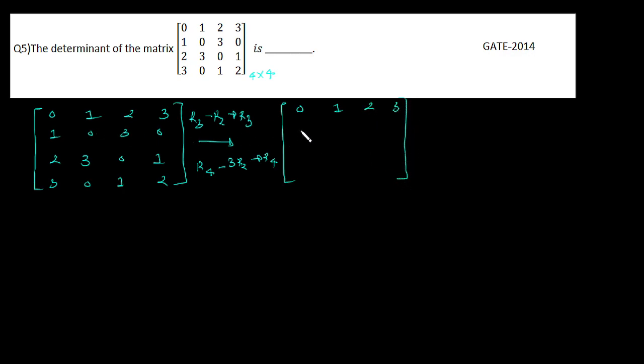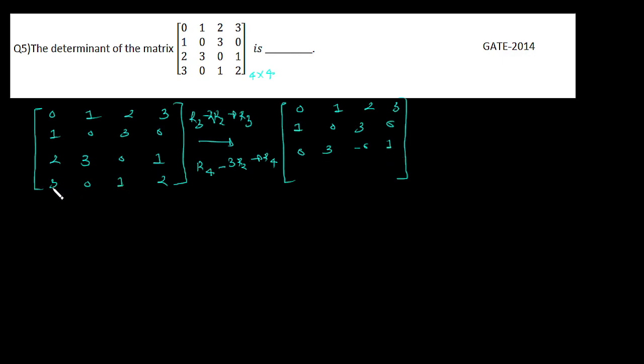The second row also remains as it is, because we are applying the operation on the third row and fourth row. So here we get 2 minus 2, here we get 0. Here again 3 as it is. Here we get minus 6, because we will multiply with minus 2, and here 1 as it is.